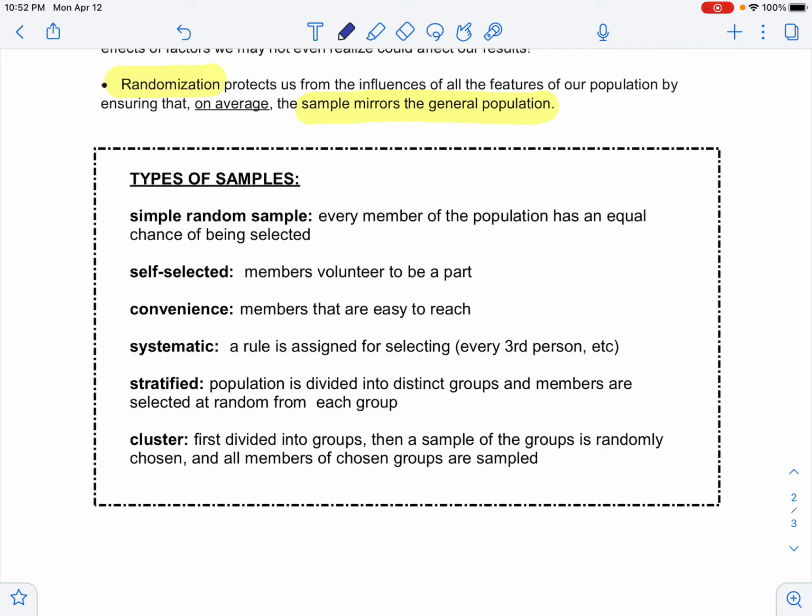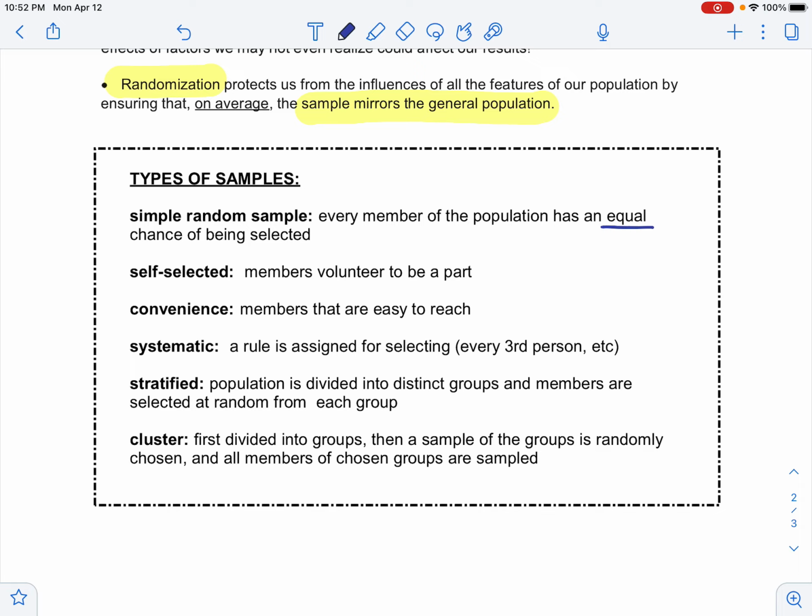If I choose a simple random sample, that means that you, living here in Georgia, have an equal chance of being selected as somebody who lives out in California. Every member of the population has an equal chance at being selected.